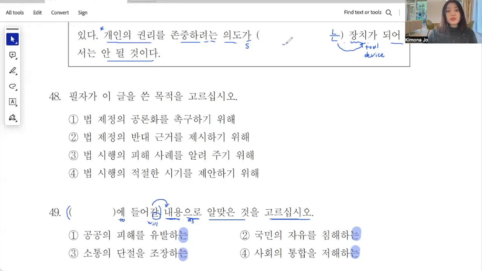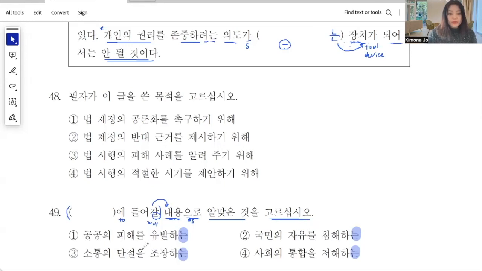So it should be negative. Why? Because it says it shall not become a device. So it should be a negative device. Okay, so let's find the negative one.